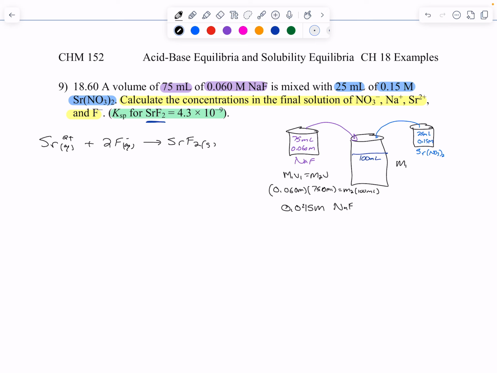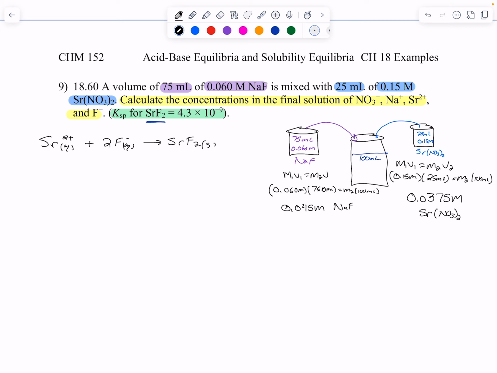Same thing here. M1V1 equals M2V2. So we have 0.15 molar, 25 milliliters equals M2 times 100. So 0.15 times 25 divided by 100. Yep, 0.0375 molar Sr(NO3)2.